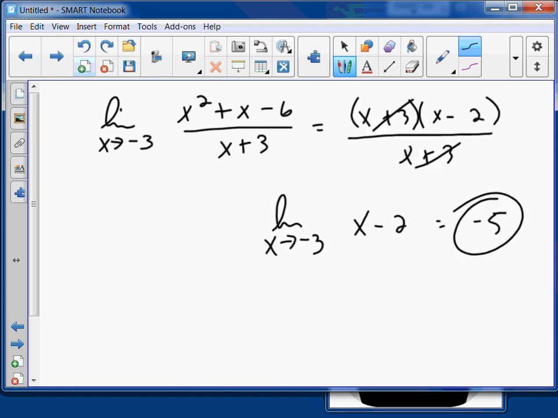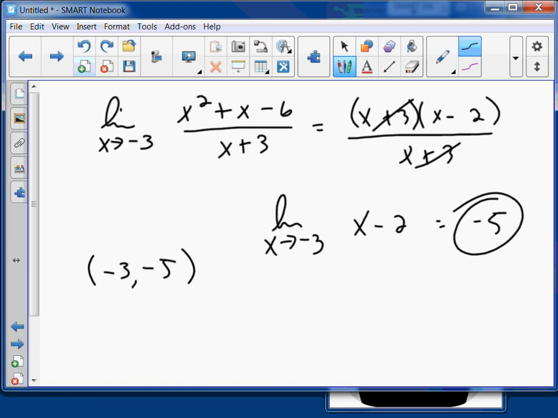Now, do you remember what this number means? This is the y value that's supposed to be in this function at x equals -3. That's actually a point. At -3, -5, there's a hole in the graph there. That's what we just found.